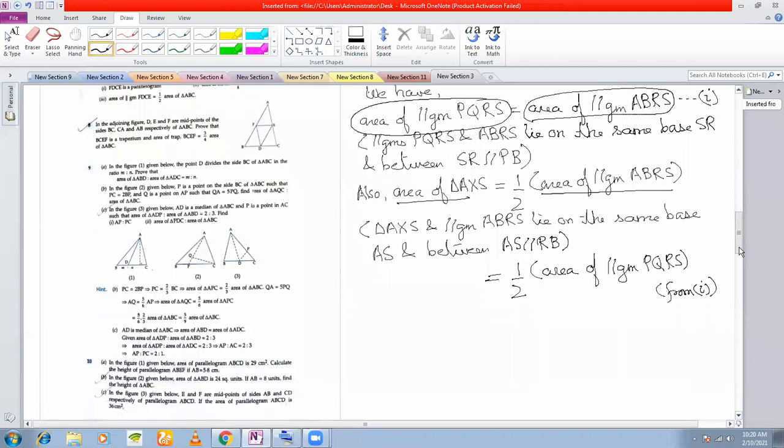And which is the required proof? Hence, area of triangle AXS is equal to half area of parallelogram PQRS. And that is what we needed to prove. So this is proved. Fine. That's it. I'll stop here for today.